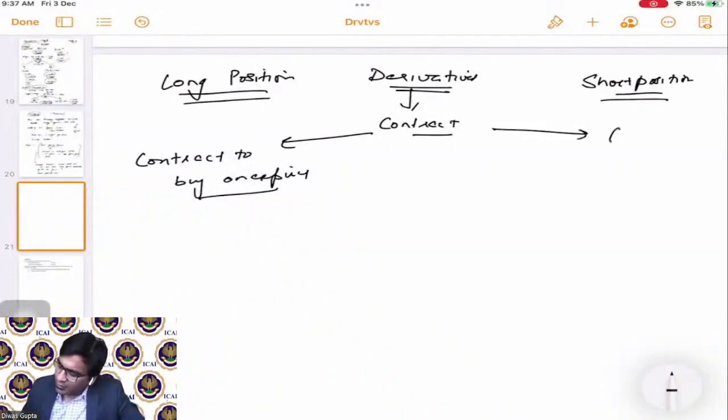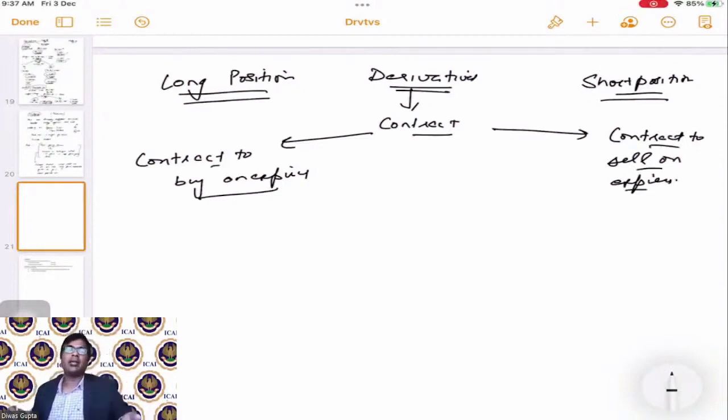Short position will mean a contract to sell on expiry. Correct. They are not actually selling or buying the equity share. They are just contracting to buy or sell on a future date. That is what a derivative, or this contract, is. Correct. He will buy, he will sell.